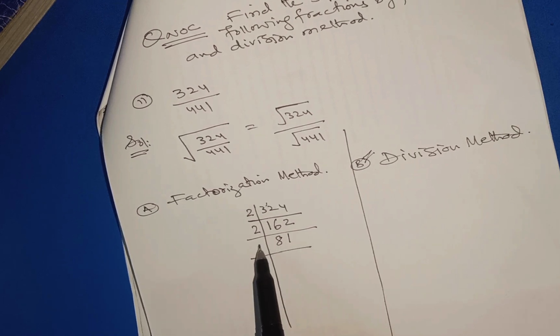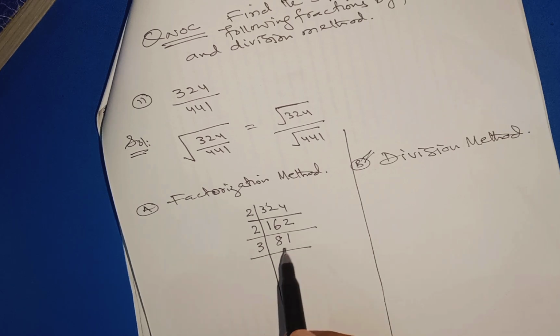Now we can read the table of 3, because 2 is not dividing 81 completely, so we will use the table of 3. So 3 twos are 6, and then we are left with 2. We write here 21.